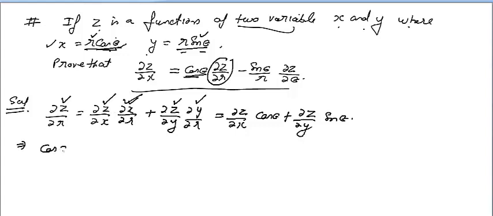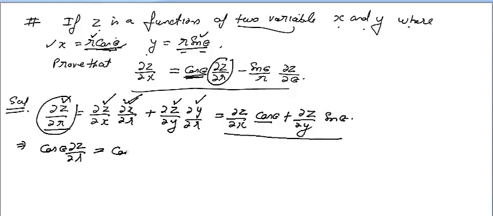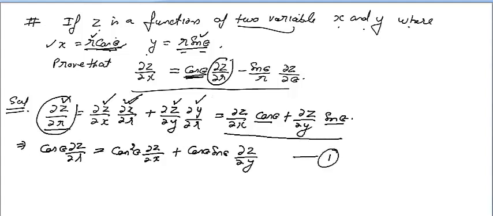When you multiply cos theta with ∂Z/∂R, cos will multiply with the whole of this, so you have cos squared theta into ∂Z/∂X plus cos theta into sin theta into ∂Z/∂Y. I will take this as equation number 1, means we are getting this term. Now I will get this term.